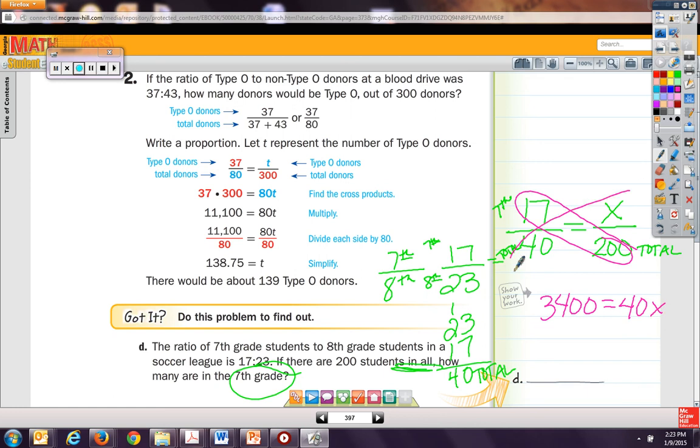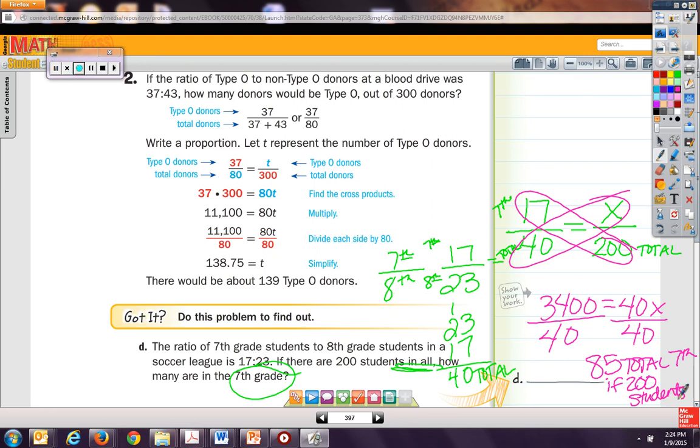No. I'm going to need to break them into groups of 40 basically. So if I multiply 40 times x, I get 40x. So I need to solve. I have 3,400 divided by 40. That says that there are 85 total 7th graders if there are 200 students.